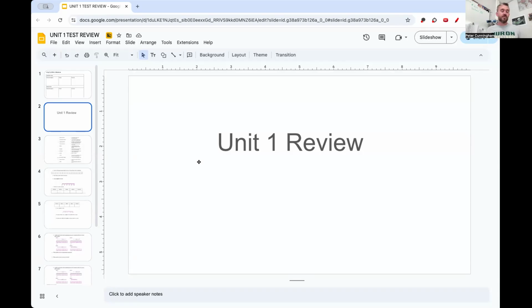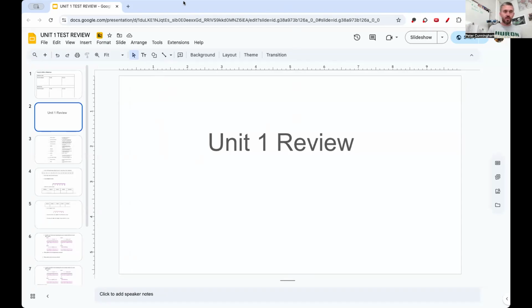Grab another piece of paper, get a blank review from your teacher, and do it again and again until you can do that all on your own, because that is what you are going to need to do during your test on Monday. So without further delay, let me make my screen look how I need it to.